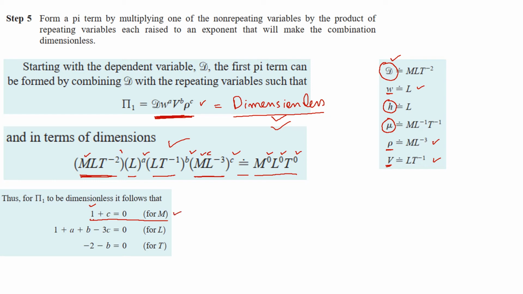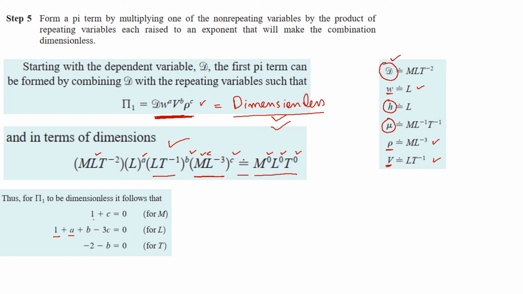Now let's see for length. For length it is 1 plus A plus B minus 3C. In the first force term, the length power is 1. So that's why it is 1. Then in the width dimension, the length has a power of A. So that's why it's plus A. We are actually adding the powers of each of these reference dimensions.